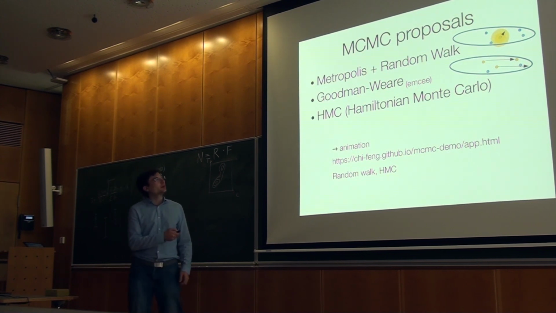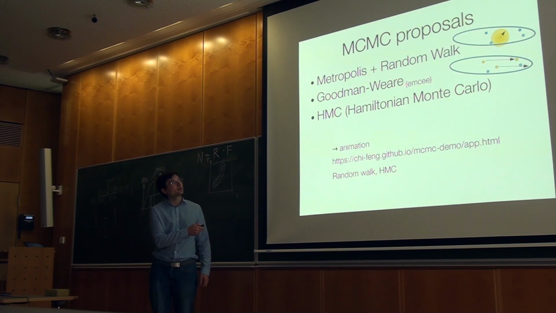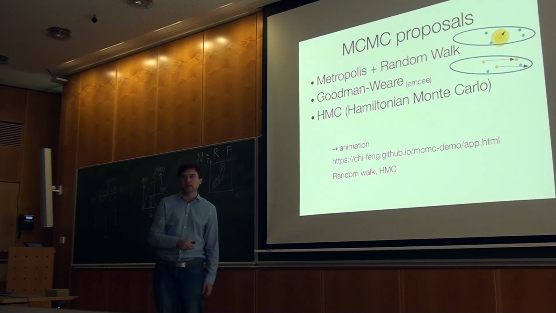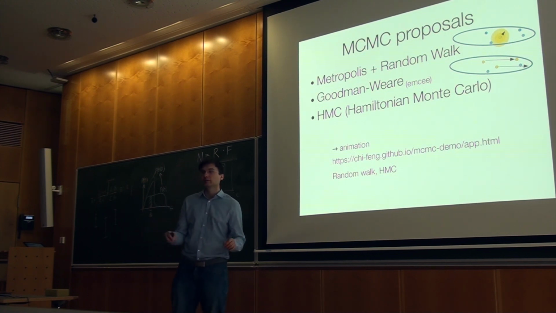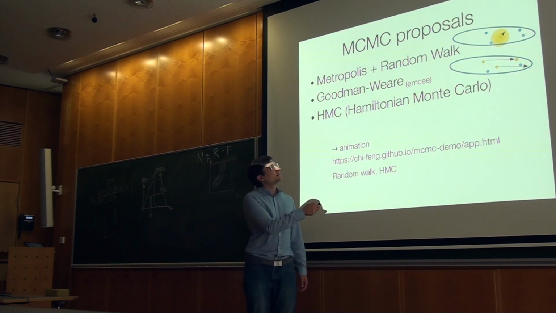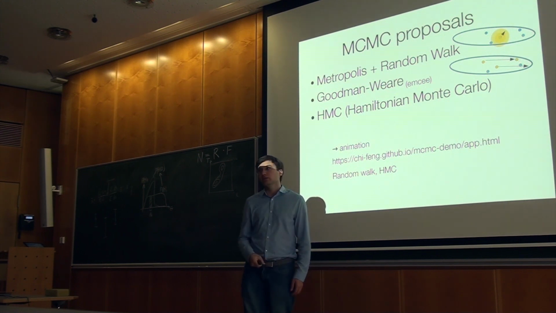Another very popular one is Goodman-Weare proposal, which works the following way. Instead of one sampler, you have a whole bunch of samplers. And the idea is that these samplers learn from each other. And the way they learn from each other is, if you try to update this point, you find another point, and you take the vector from one point to the other point, and you propose in that direction.